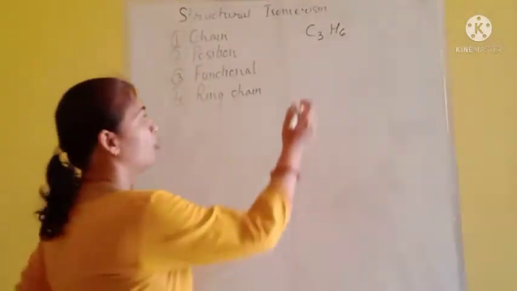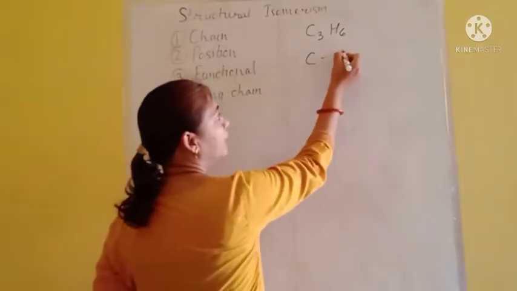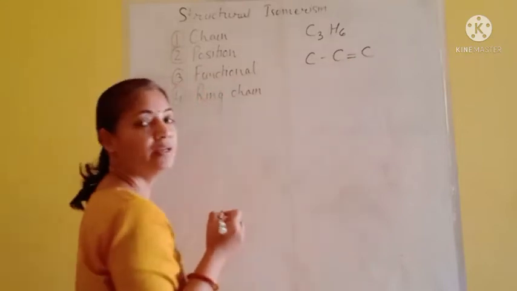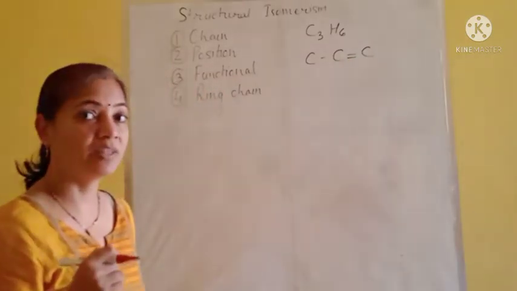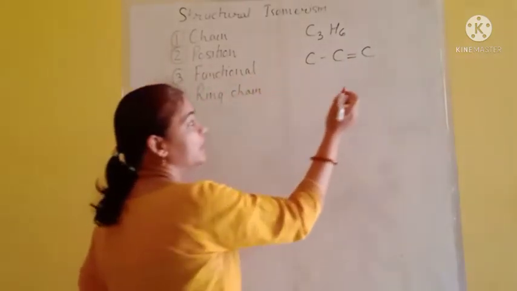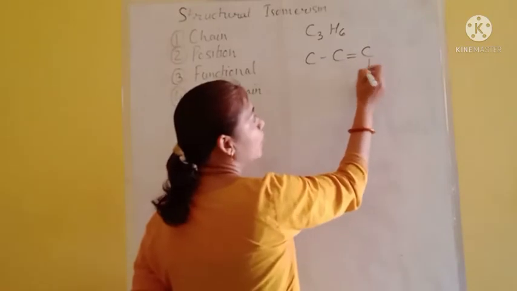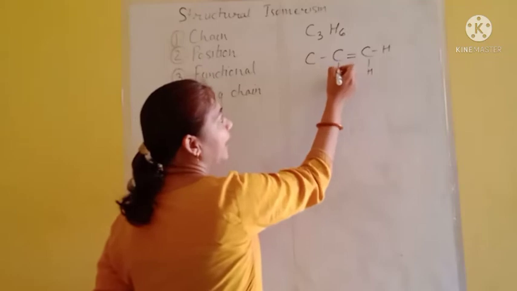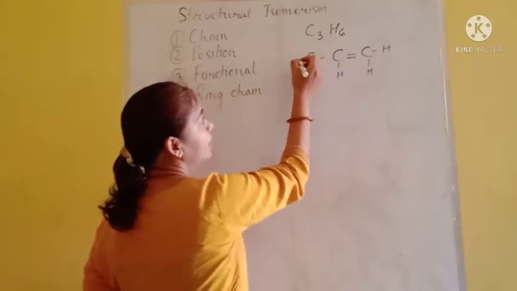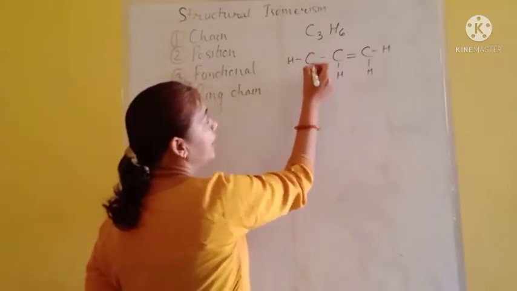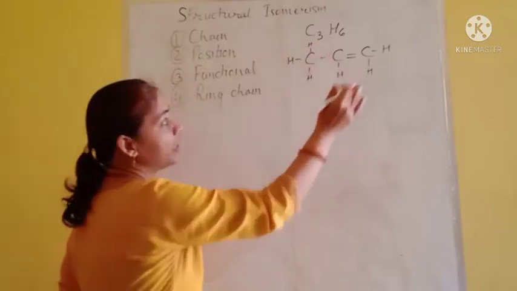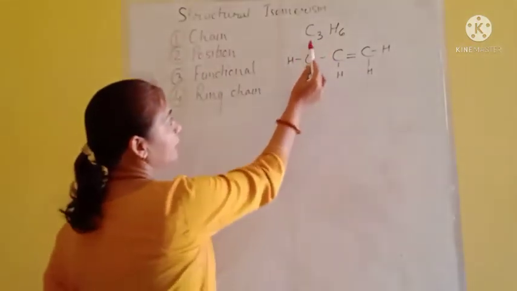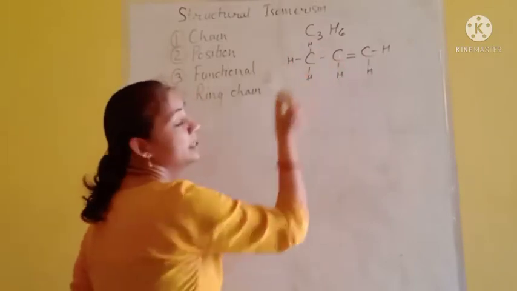So one structure I can form is 3 carbons, 1, 2, 3, with a double bond over here, and satisfy the other valencies with hydrogen to check whether the molecular formula comes out correct. For each carbon you have satisfied the 4 valencies. Counting the hydrogen: 1, 2, 3, 4, 5, 6.